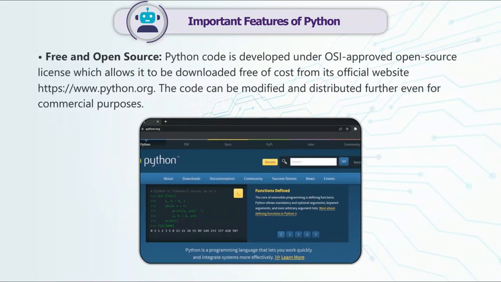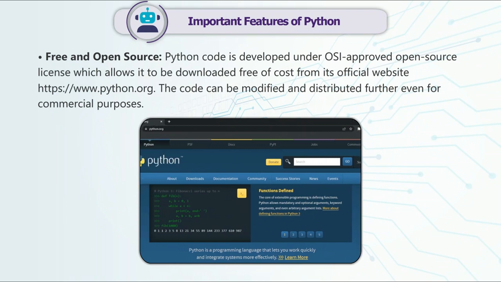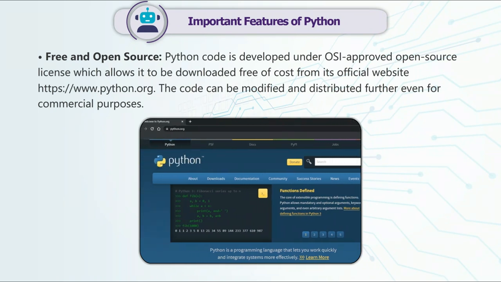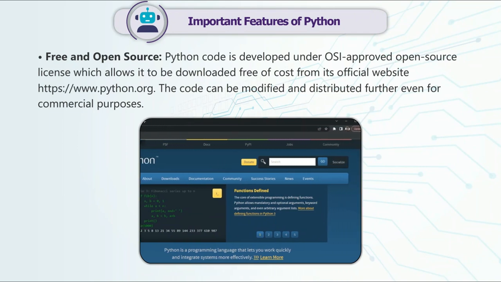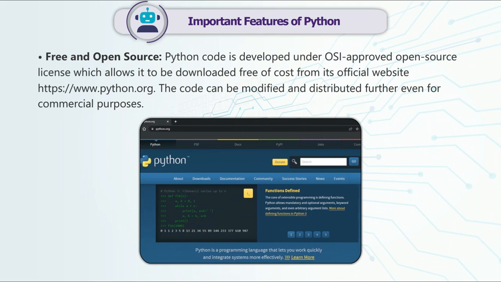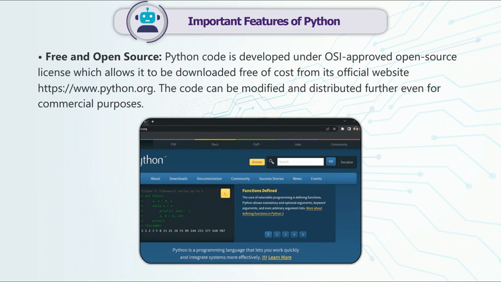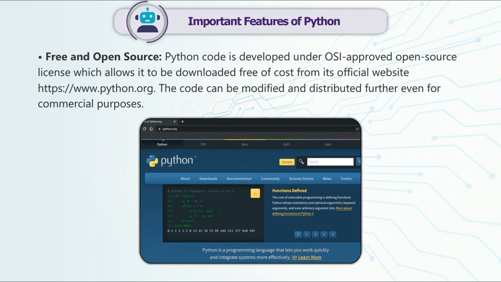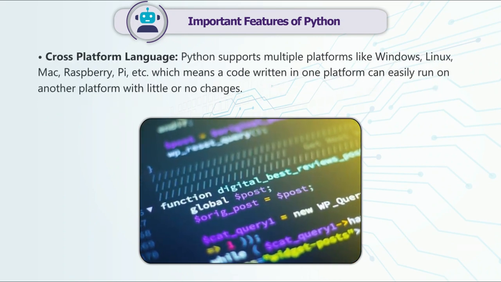Free and open source. Python code is developed under OSI-approved open source license, which allows it to be downloaded free of cost from its official website, https://www.python.org. The code can be modified and distributed further even for commercial purposes. Cross-platform language.